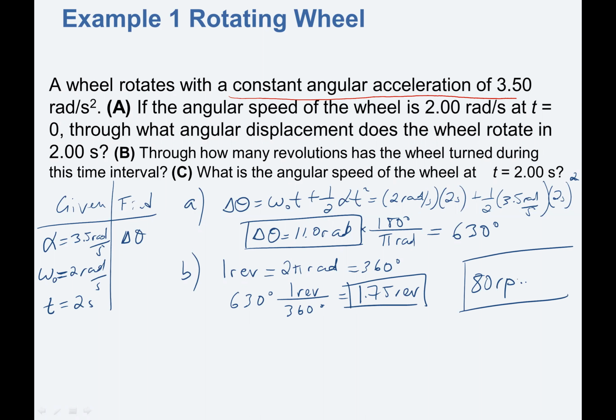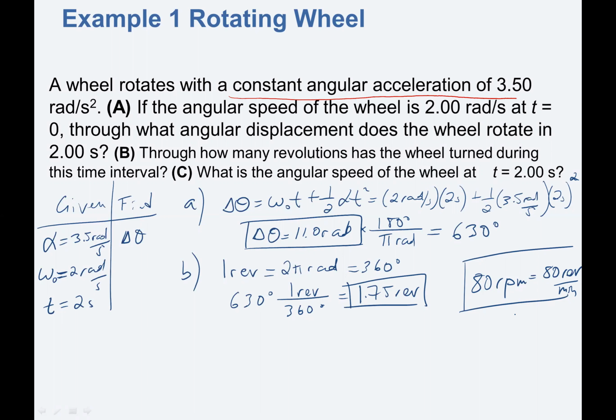Well, RPM is revolutions per minute. That tells you that the system undergoes 80 revolutions, 80 cycles, in 1 minute. So you always need to convert this to radians per second before doing any calculations.